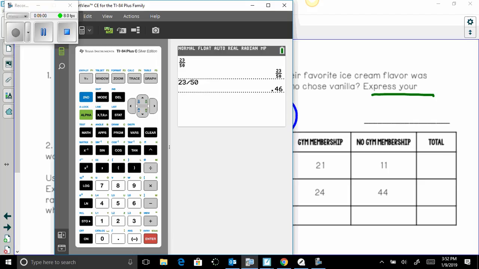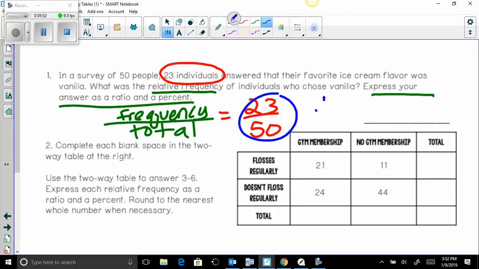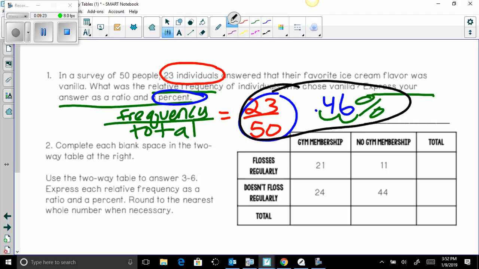That's going to give me a decimal. But don't I want it written as a percent? So how do I change a decimal to a percent? Think about that for a second. Very good. I take my decimal and I move it 2 spots to the right. So 0.46 is really 46%. So my answer here, written as a ratio and written as a percent, are right there.